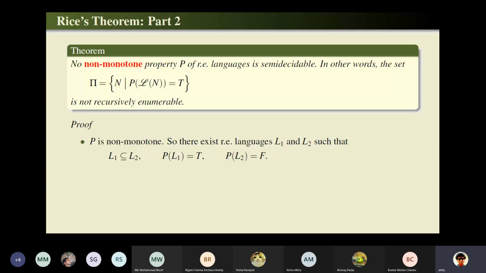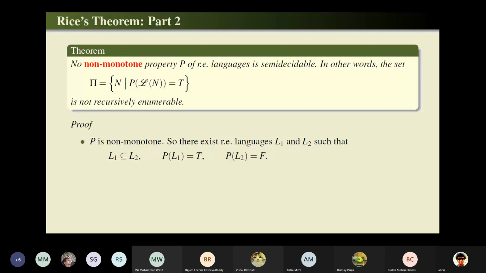The definition of non-monotonicity immediately implies this. There must be RE sets L1 and L2, where L1 is strictly contained in L2, such that the property holds for L1 but not for L2.